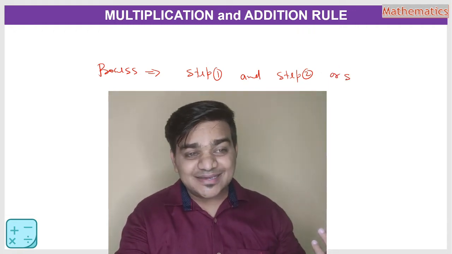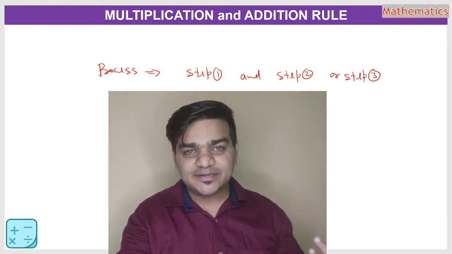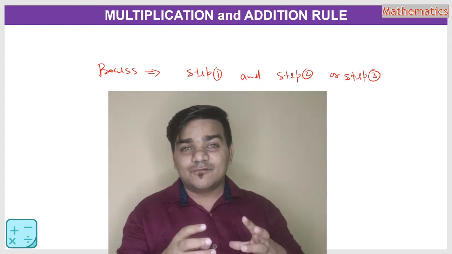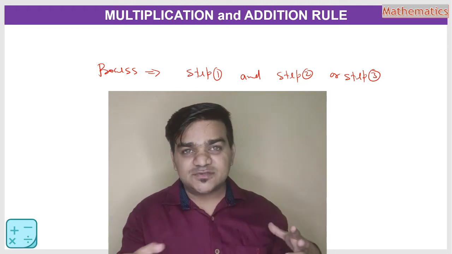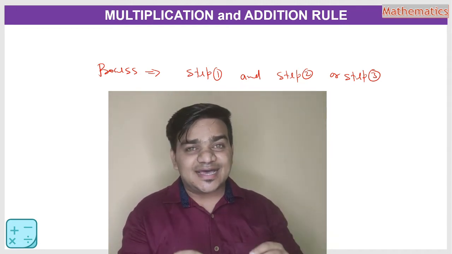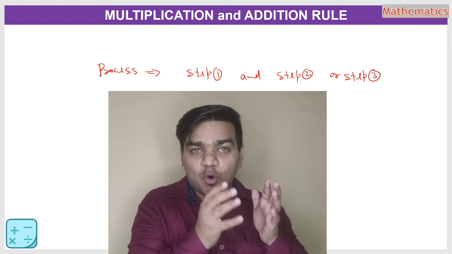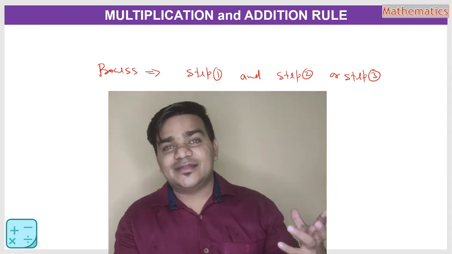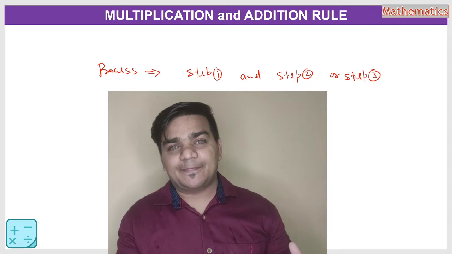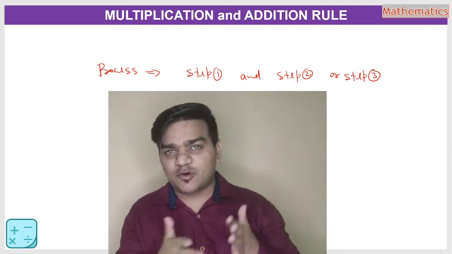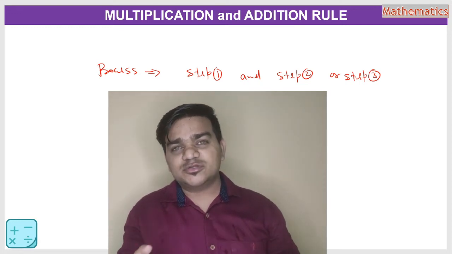And one more thing is here: practically in daily life, when we complete any process, then generally we have to use "or" or "and" between steps. Like, if I have to go to Kota from Delhi, then what is the process?